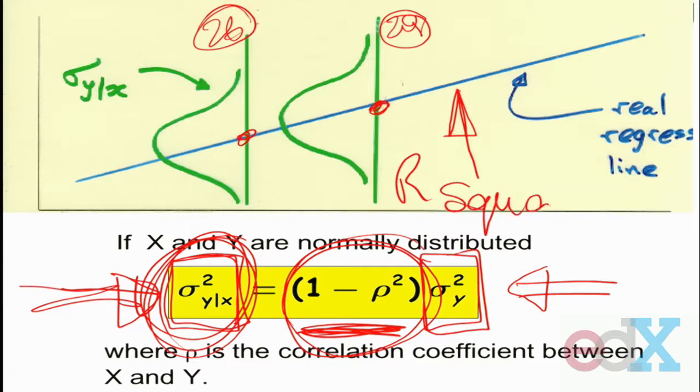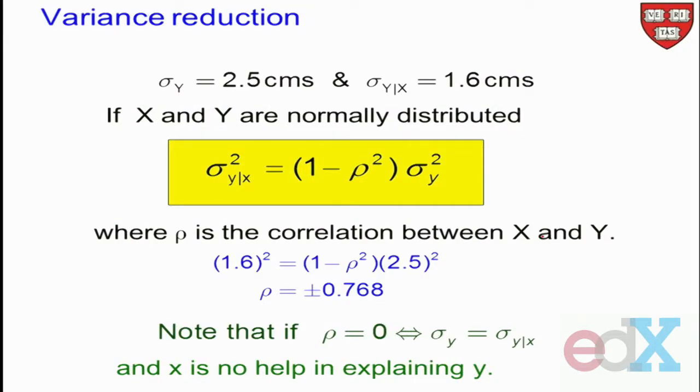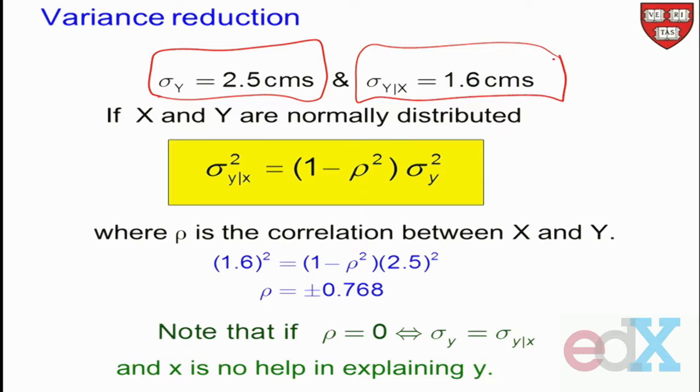When you see r squared, and I'll point it out to you, remember this equation, because this is the result we'll be referring to. Okay, so this is the variance. Here's an example. We could work backwards too, because in our example, the overall standard deviation was 2.5, whereas the standard deviation in the conditional ones, when we brought x into the picture, was 1.6.